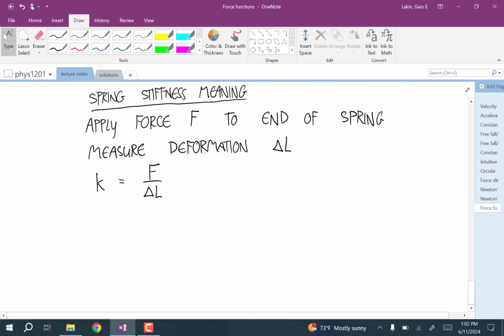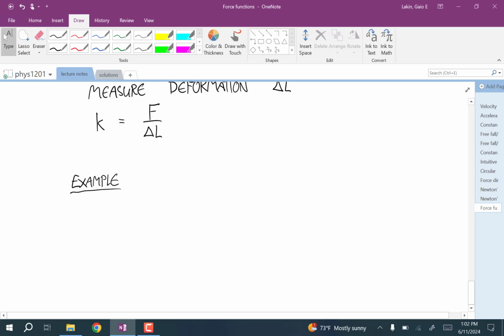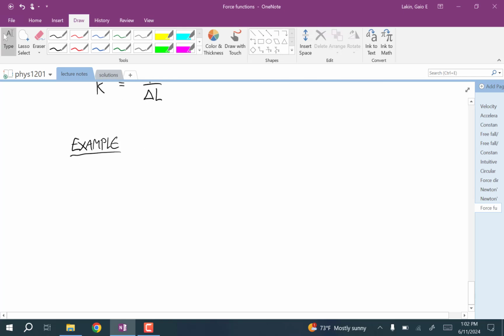Okay, let's do a spring example. So first, before this calculation starts, we don't know what the spring constant is.